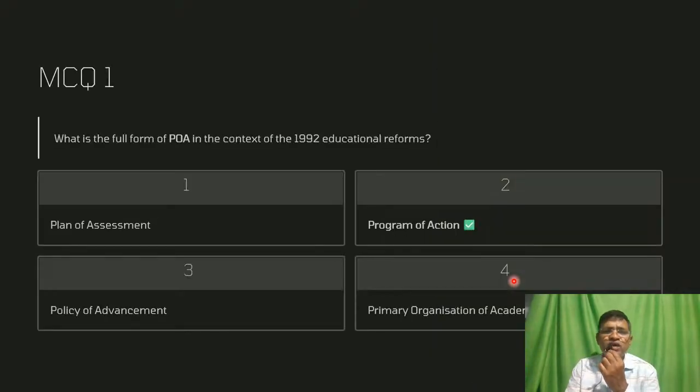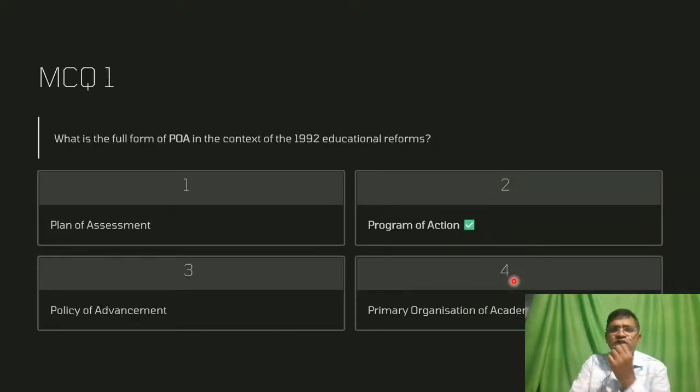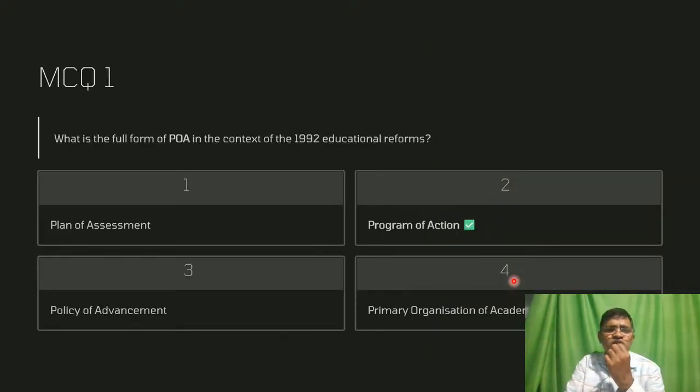We'll have some MCQs, multiple choice questions. What is the full form of POA in the context of the 1992 education program? The options are plan of assessment, program of action, policy of advancement, and primary organization of academics. The POA 1992 full form is program of action.